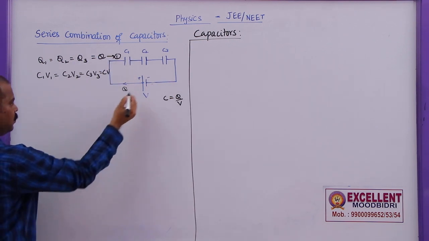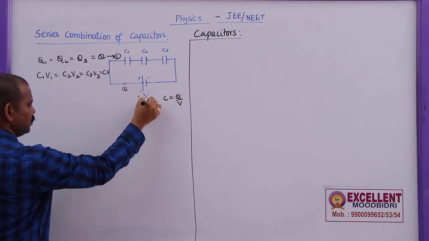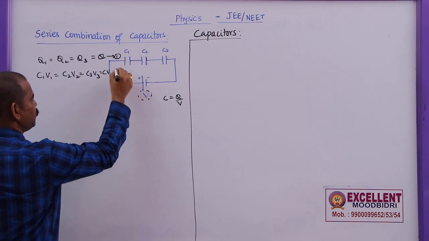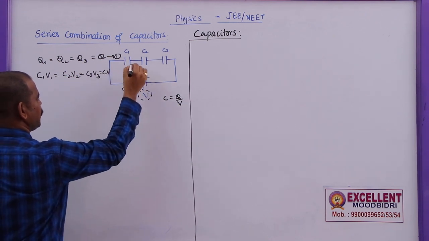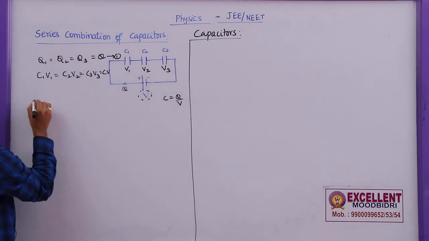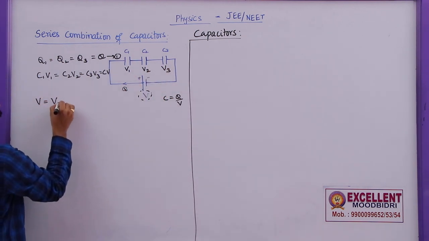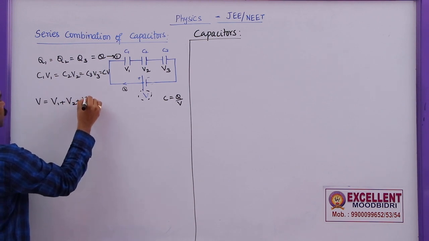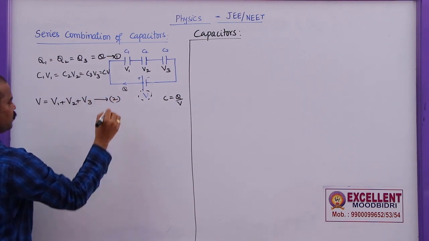Now, the total potential of this battery is V. The potential drop across the first capacitor is V1, let it be V2, this is V3. So, what we can write, V is equal to V1 plus V2 plus V3, this is equation 2.